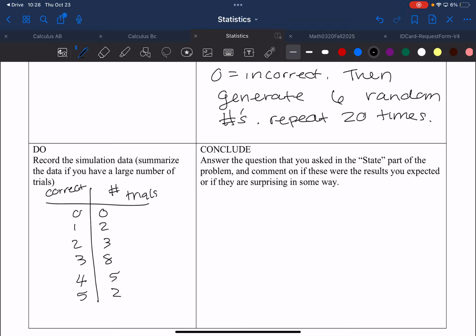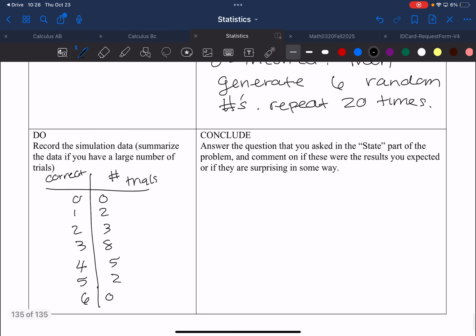We're going to do something similar with the activity we're about to do with the dice. Notice that in all their trials, did they ever get 6 out of 6? No. So their conclusion is that no trials got 6 out of 6 correct by guessing.